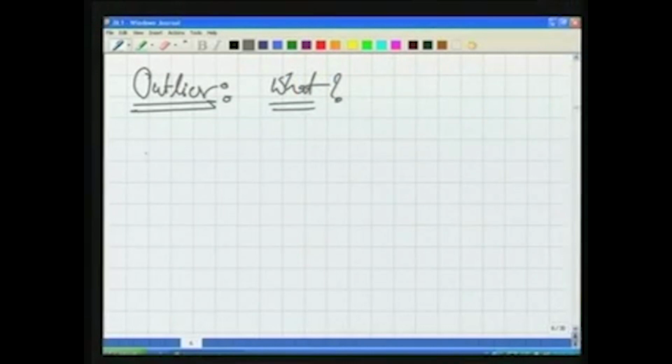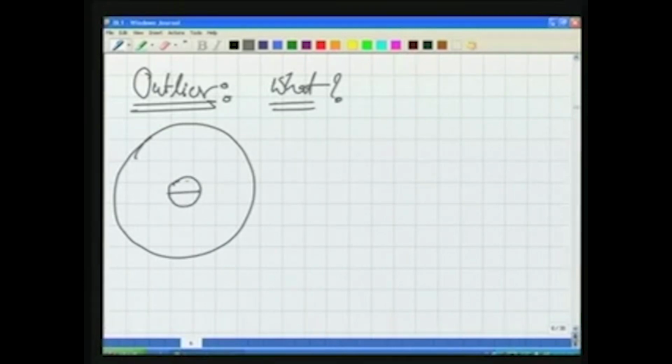You remember that old example where this is the bull's eye and our target, and you are firing at the target. You are a very good shooter, using a very good rifle. Most of your bullets are in this area, very precise. But somehow one of the bullets is here also.